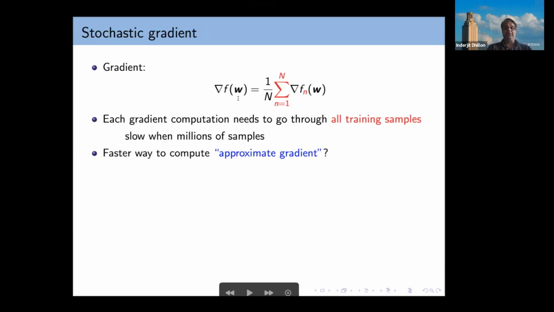So the gradient can also be written as an average of the gradients for each of the training data. But of course, if you just apply vanilla gradient descent, you need to go through all the training samples just to do one step.